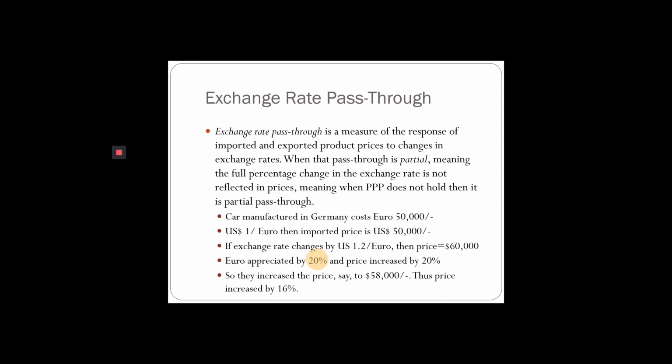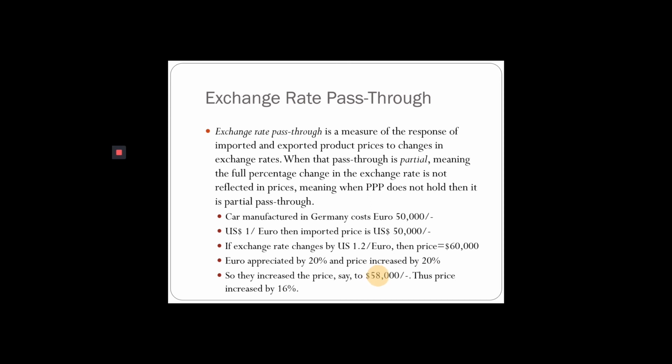If the impact of this change in the exchange rate goes in totality into the prices, the price will also increase by 20%, and that is a huge increase. They are concerned that the demand for their car will decline. So they said, rather than increasing the price to 60,000 US dollars, let's increase it to 58,000. So this is an increase of 16%.